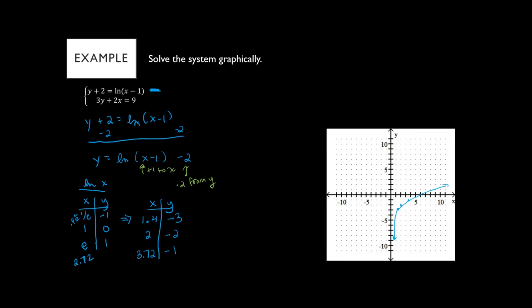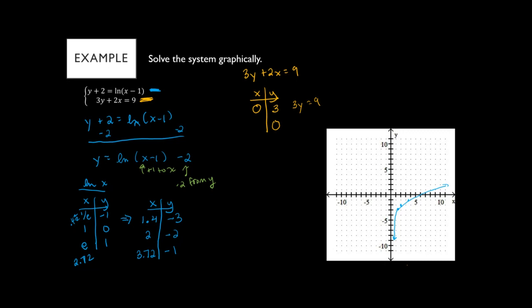So now I'm going to graph by hand the 3y plus 2x equals 9. So again, I'll color code here, and I'll use my intercepts. When x is 0, I'm solving 3y equals 9, so that gives me y equals 3.